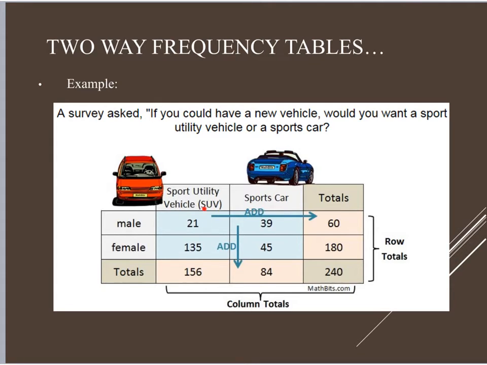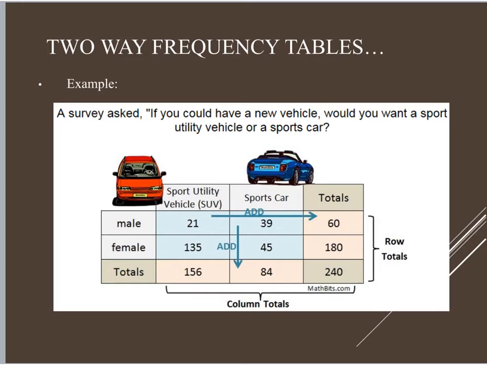Now notice that if I take these two boxes here and add them up, I get my 156. Likewise, if I take these two numbers here and add them up, I get 84. So I can see that I have a total of 156 people that want the SUV and 84 that want the sports car. Now, if I add these two boxes across the row, I can see that a total of 240 people were surveyed.